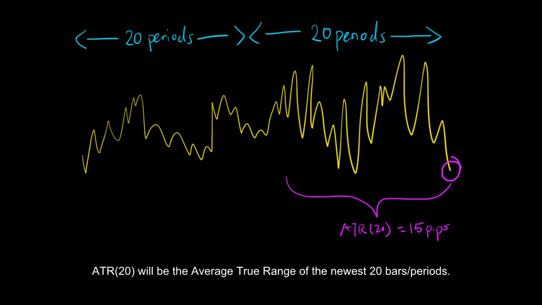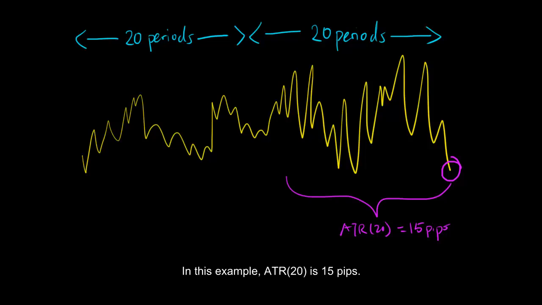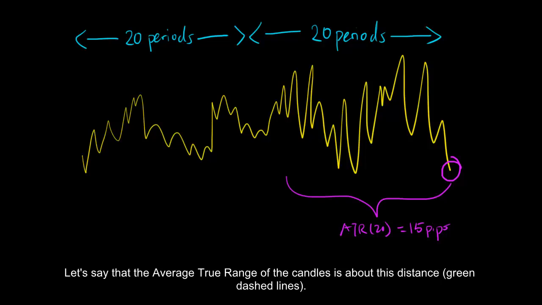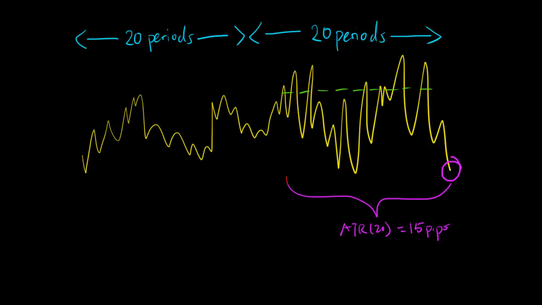So ATR 20 will be the average true range of the newest 20 bars. Let's say that in this example it is 15 pips. Let's say the average true range of the candles is about this distance, which is about here to here, and this is 15 pips.